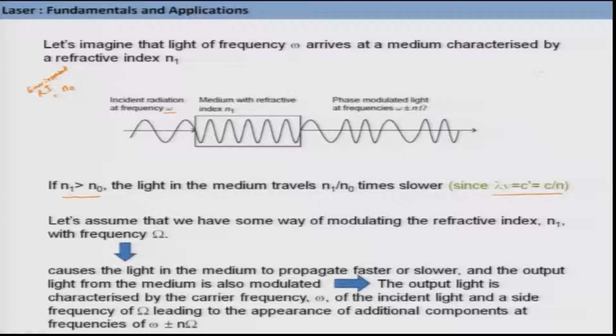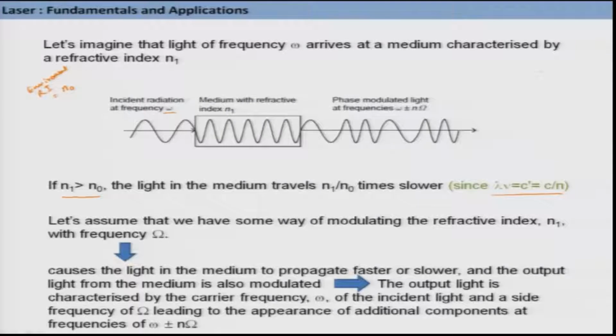That means the frequency can increase or decrease. So the result is the modulation of the output light, which is characterized by the frequency small omega and the sideband frequencies governed by capital omega.